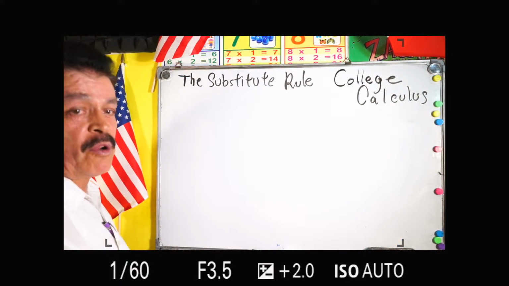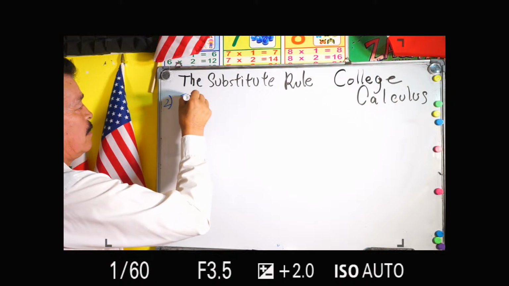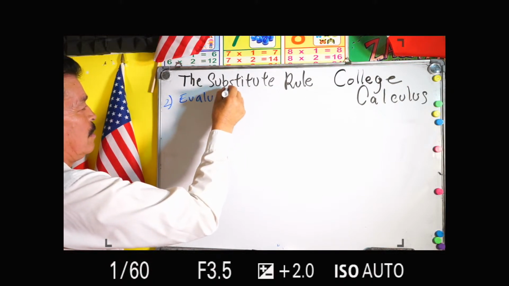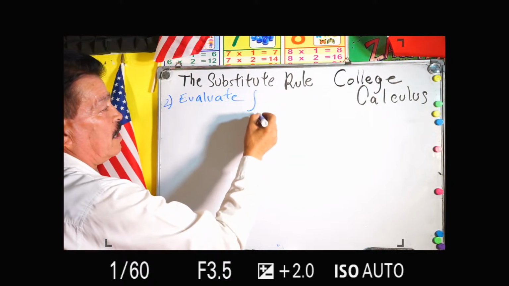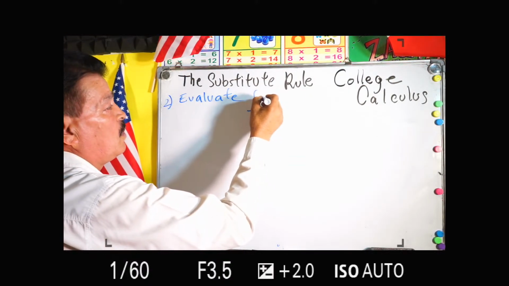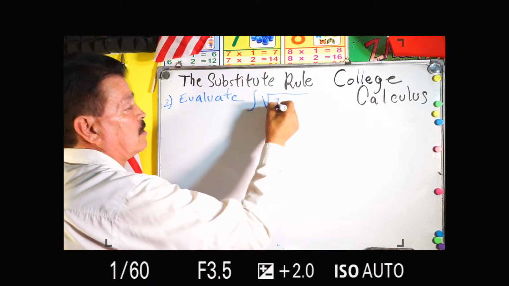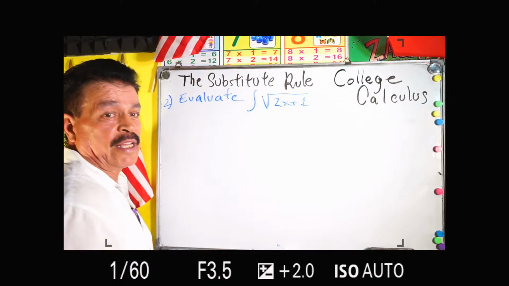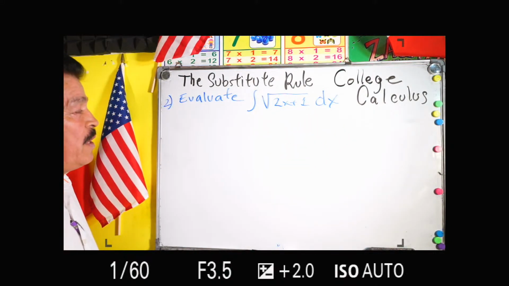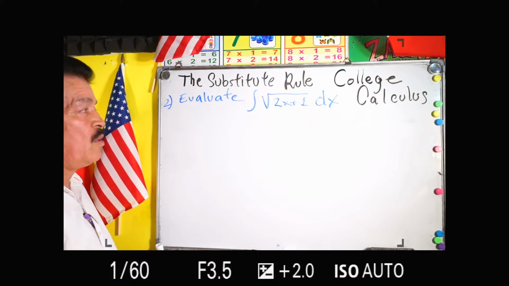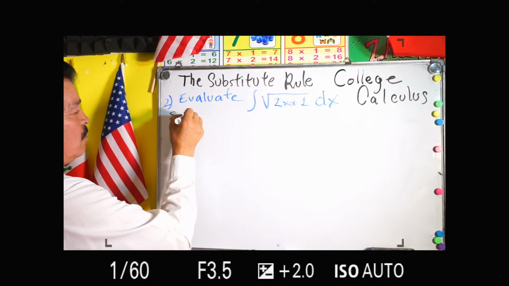Our second problem is to evaluate the integral of the square root of 2x plus 1 dx. We have to evaluate it. This is very simple. So what is the solution? Let's work out the whole process here.